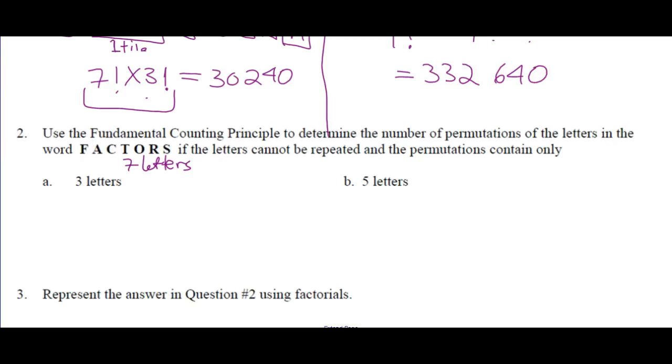If I want 3 letters, using the fundamental counting principle, how many blanks? 3 blanks. How many choices do I have for the first letter? 7. How many choices for the second letter? For the third letter? All right, and that's what? 210. That's 30 times 7.